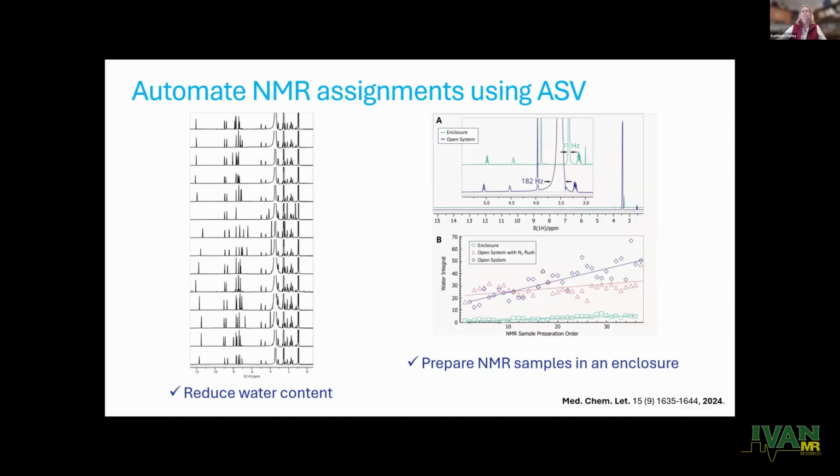But really, until we built a customized enclosure and put the robot that was preparing the plates inside that enclosure, that's when we really got these nice spectra up above with nice tight water like you might see on a hand-prepared sample. And that's when our ASV numbers really started working well for us.